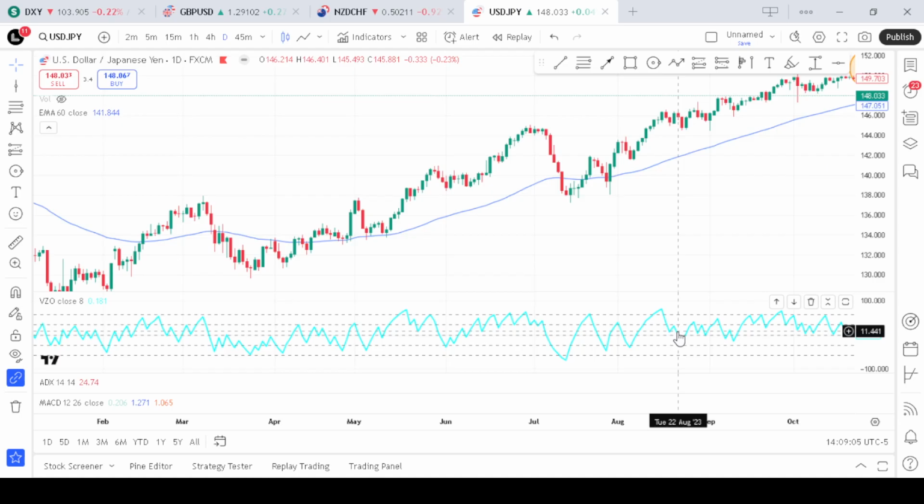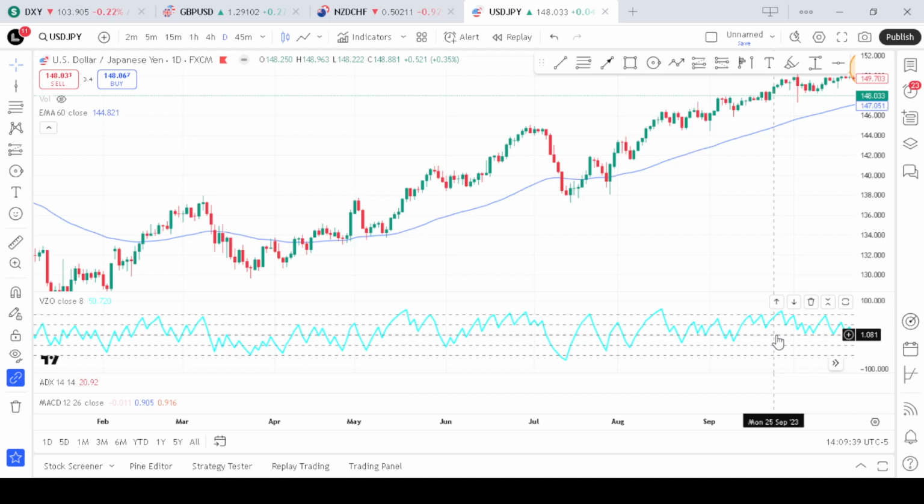At the core of the VZO are several key levels that you need to pay attention to, which are the positive 60 and the negative 60 level. These levels indicate extreme overbought and oversold conditions respectively, which, when the VZO reaches this point, suggests that a reversal might be imminent.